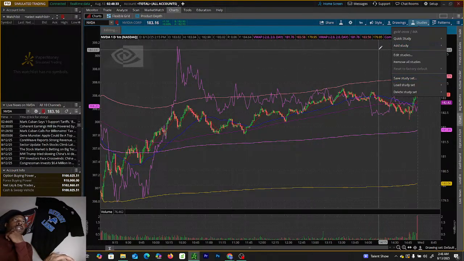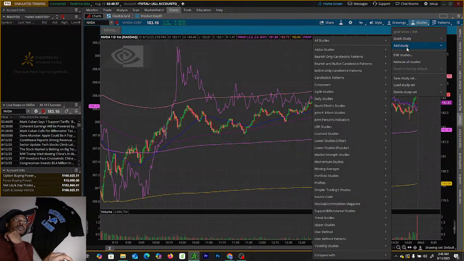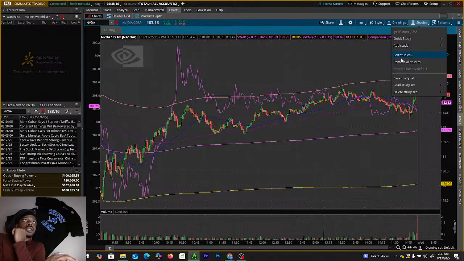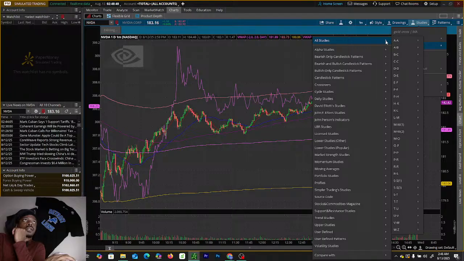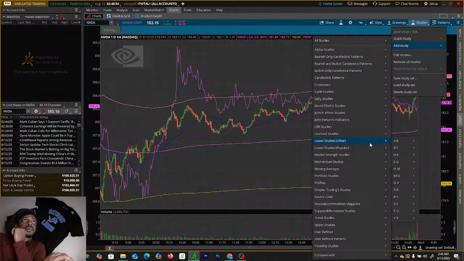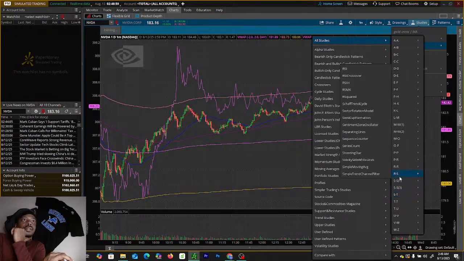Now I thought I had RSI, relative strength. That one is highly important to tell if something's overbought or oversold. Let's see, is it on here? Relative strength index. Where is it? Don't see it. Let's go to all studies. All studies. I hate this sometimes. Go up one.